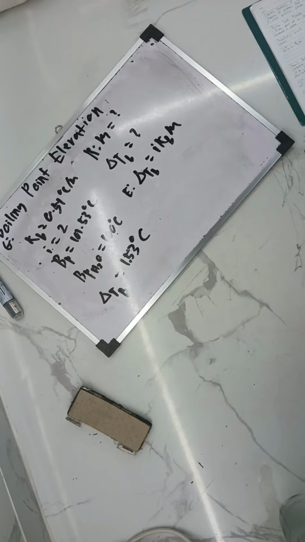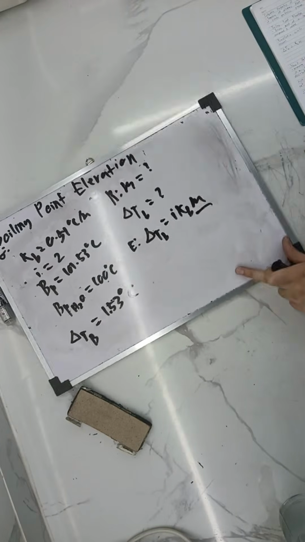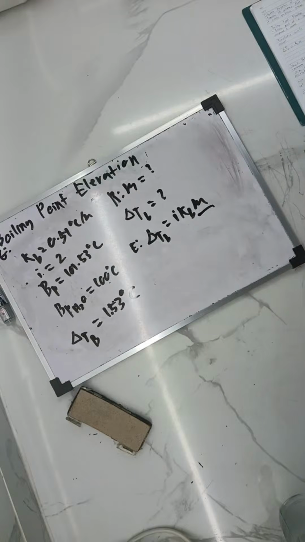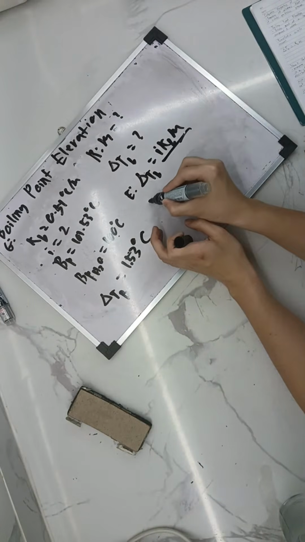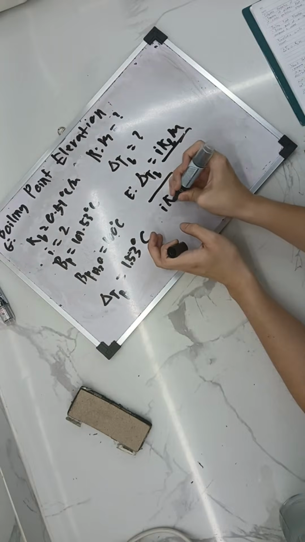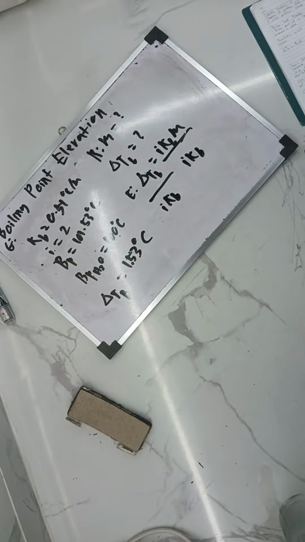So this is what we're going to do. We need to isolate m. But if you look at m, it's being multiplied with I and kb. So in order to get rid of them, we need to divide both sides by I and kb. When you do this, it cancels out.